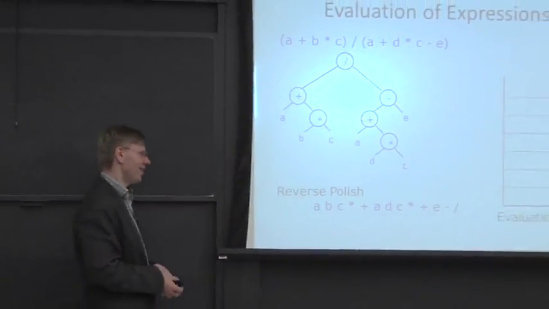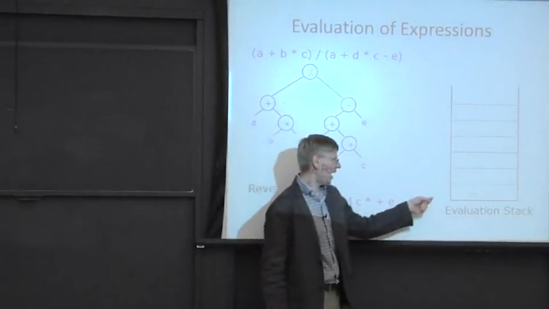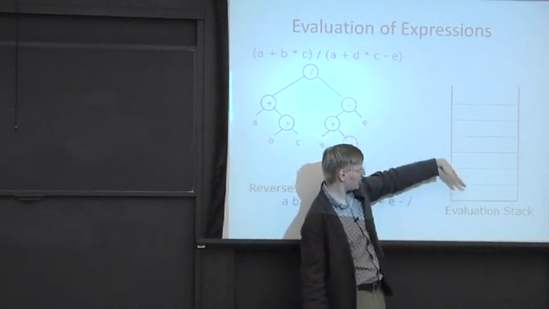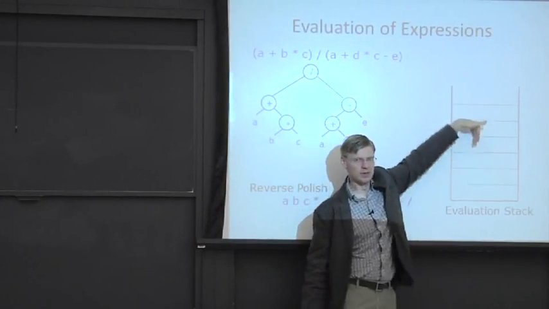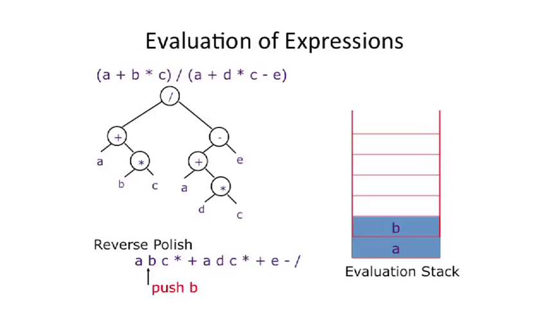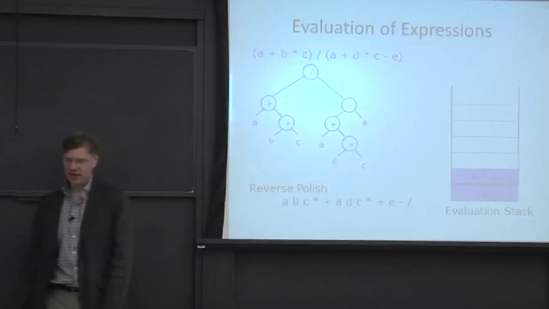So here we have an evaluation stack, and the top of the stack is whatever's on the top in this picture. First thing we're going to do is push A. So A shows up on the stack. Then we're going to push B, push C, and then do a multiply. We take the two entries on the top of the stack, multiply them, and put the result into this entry in the stack.